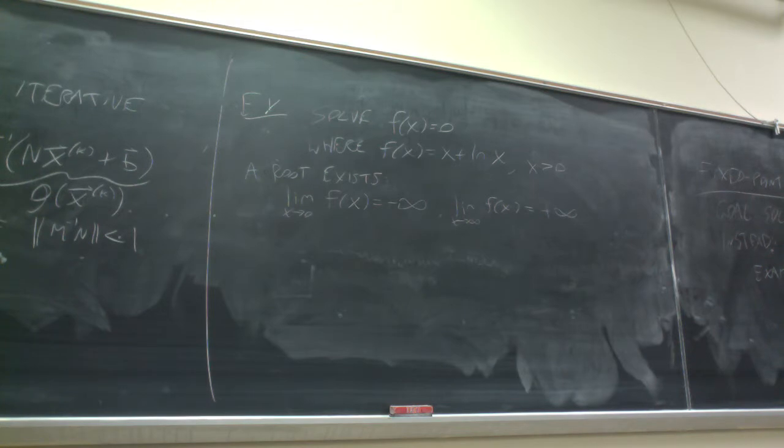I know, very traumatic class, but it's one of the most slowly growing functions, but it still grows. And of course, as x is going to infinity, then the x is going to infinity. So in other words, f is assuming both positive and negative values. So what you could do is find an x for which f of x is positive or negative.